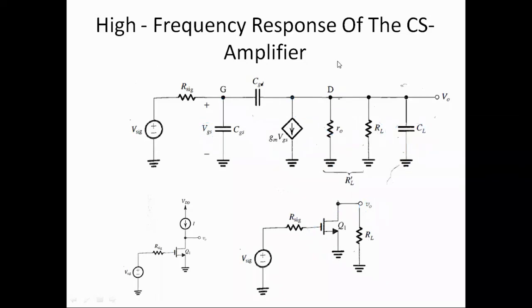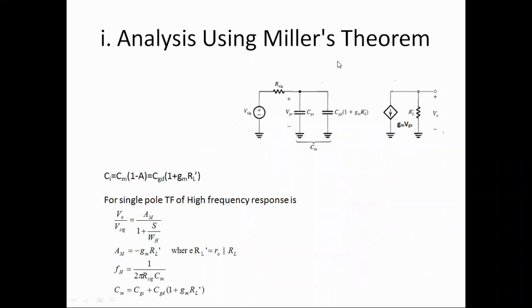Now let me go to the analysis. First, using Miller theorem. Miller theorem is used whenever there is an inter-electrode capacitance between input and output. Here the inter-electrode capacitance is CGD. CGD can be included in the input side or the output side. The contribution will be there on both sides, but only the input side is considered.